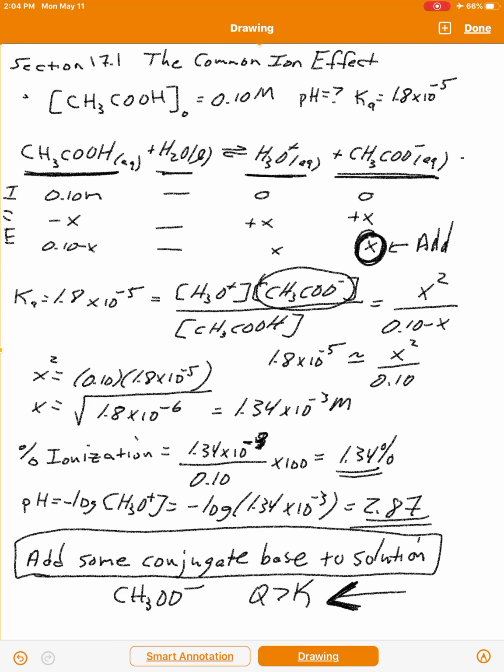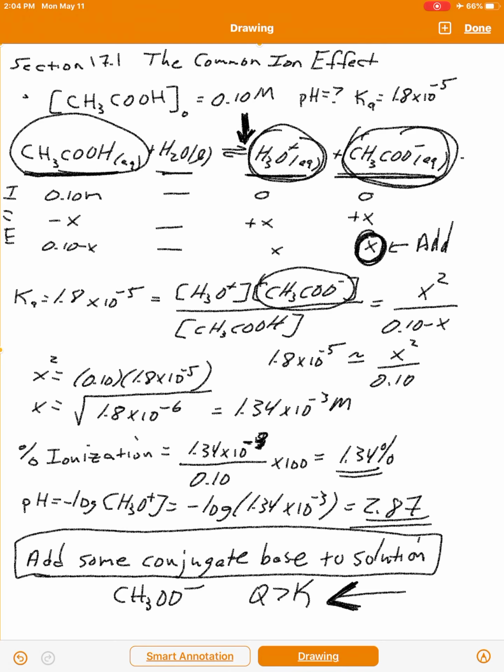So some of the hydronium would react with the acetate we added to reform acetic acid. What's the effect on the pH if that happens? If I reduce the hydronium by reacting it with acetate, this concentration goes down.